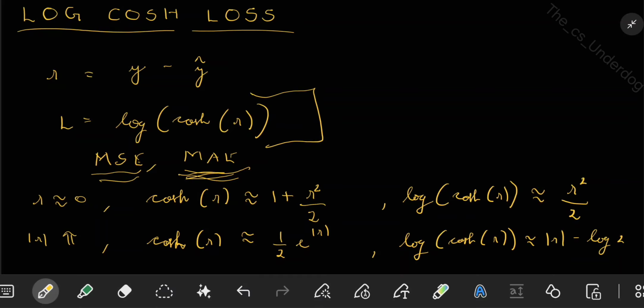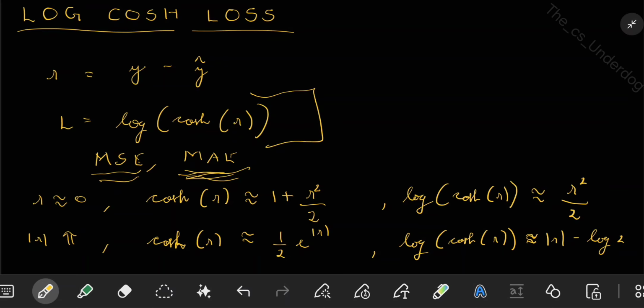There are two cases. When r is nearly equal to 0, you have log cos h of r nearly equal to r square by 2. When r is a larger value, you have log cos h of r nearly equal to mod r minus log 2. So this is behaving somewhat like mean absolute error, and the other is behaving somewhat like mean squared error.